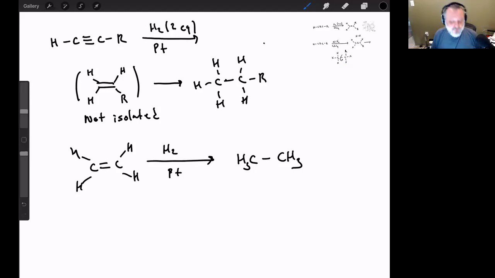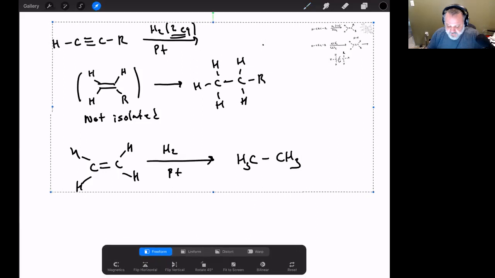I just need to make sure that I'm adding enough hydrogen to fully reduce the triple bond, but I'm going to add the hydrogen twice instead of just once. And keeping in mind, when I use H2 and platinum catalyst, I can't isolate the alkene intermediate. It goes on and reacts again because it actually is more reactive than the alkyne. So it's really difficult to isolate that.